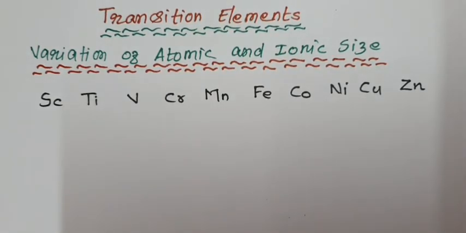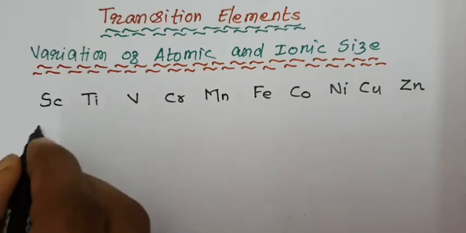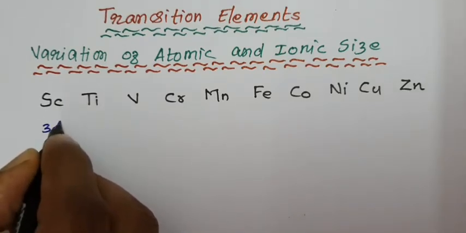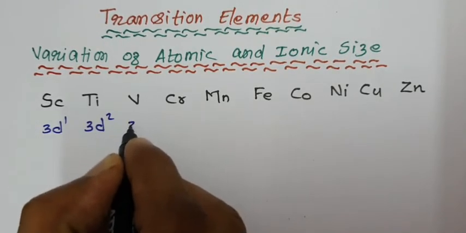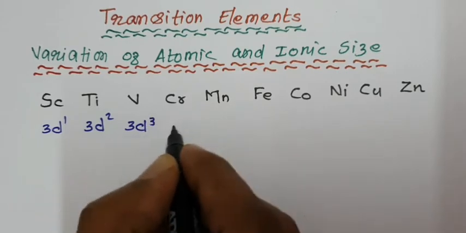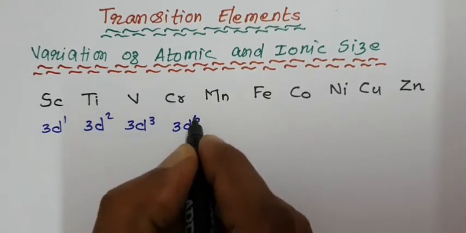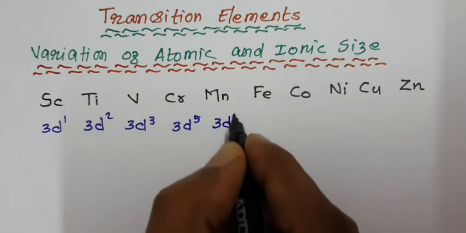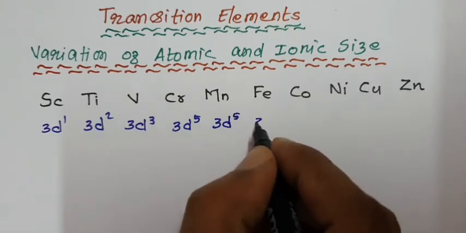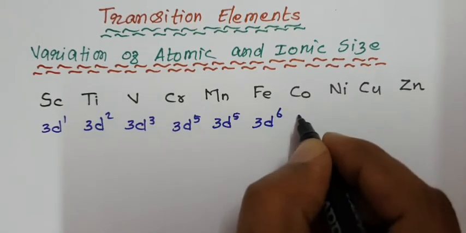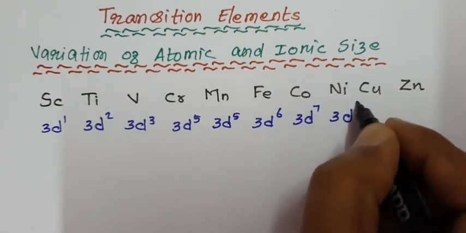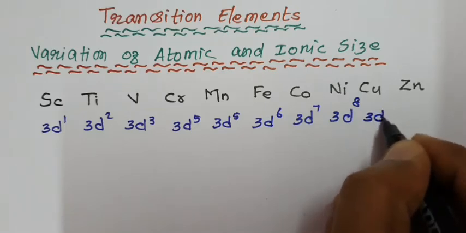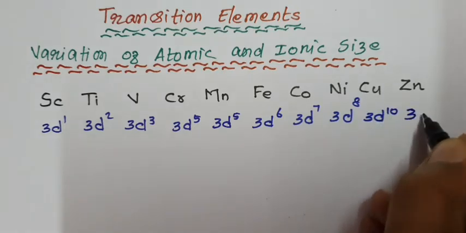When we move from left to right, the electrons are added in the 3d: scandium 3d1, titanium 3d2, vanadium 3d3, chromium 3d5 4s1, manganese 3d5 4s2, iron 3d6, cobalt 3d7, nickel 3d8, copper 3d10, zinc 3d10.